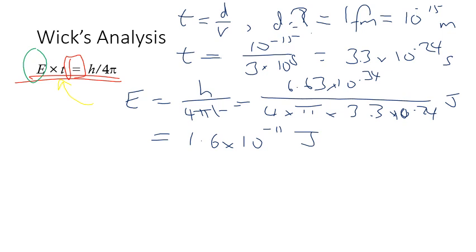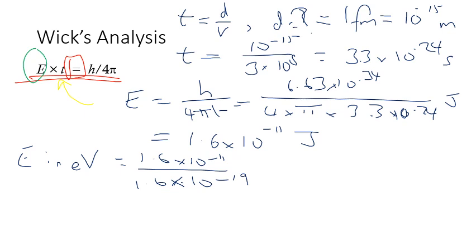Now, you're also aware, because we've done it already, that particle physicists don't give energies in terms of joules, they give them in terms of electron volts, so we need to convert that into electron volts. So E in eV is equal to 1.6 times 10 to the minus 11 divided by 1.6 times 10 to the minus 19.